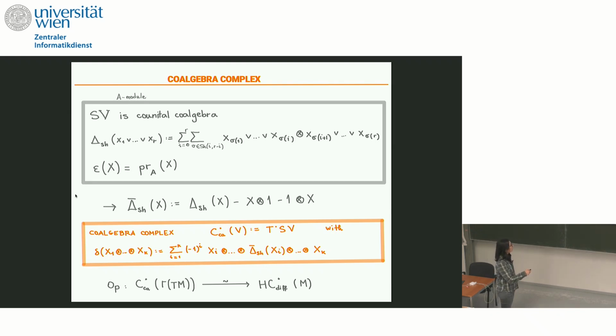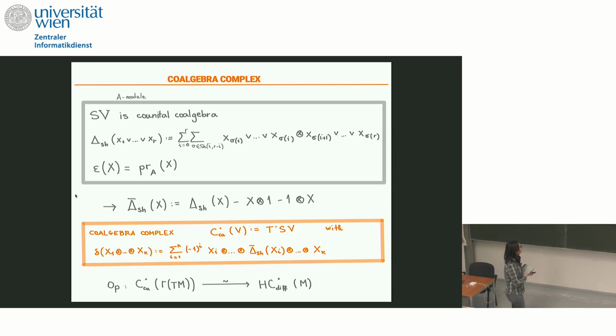Co-unital, because you have a co-unit, meaning you just project down to symmetric degree 0, and that's it. I need to cook up another coproduct, which is called reduced, just taking the one I gave you above and removing the part in which the x only ends up on the right or on the left.